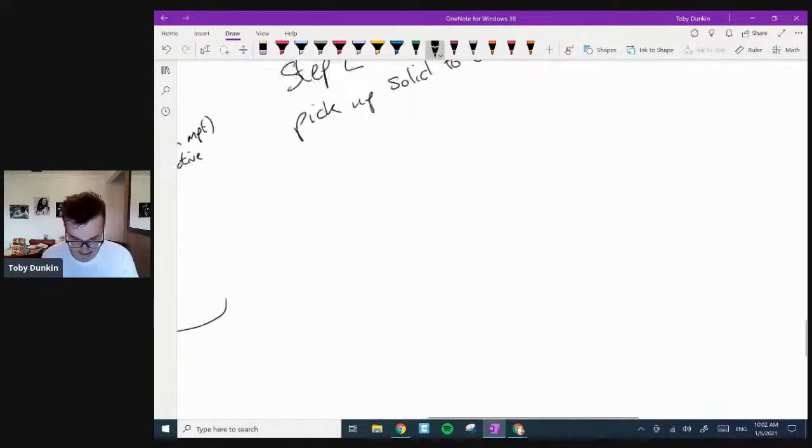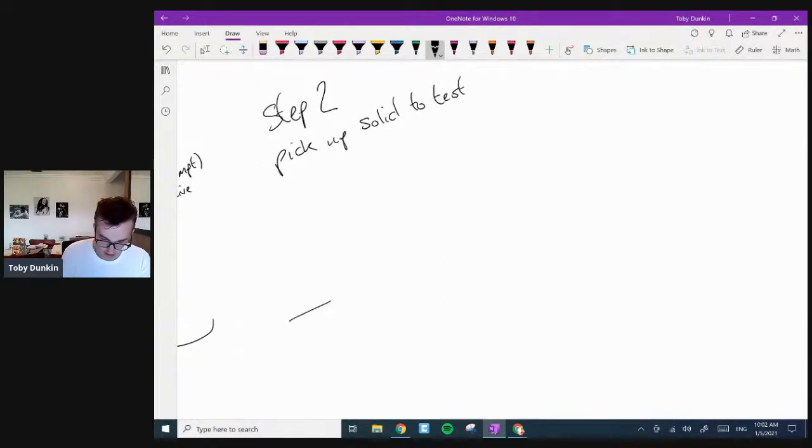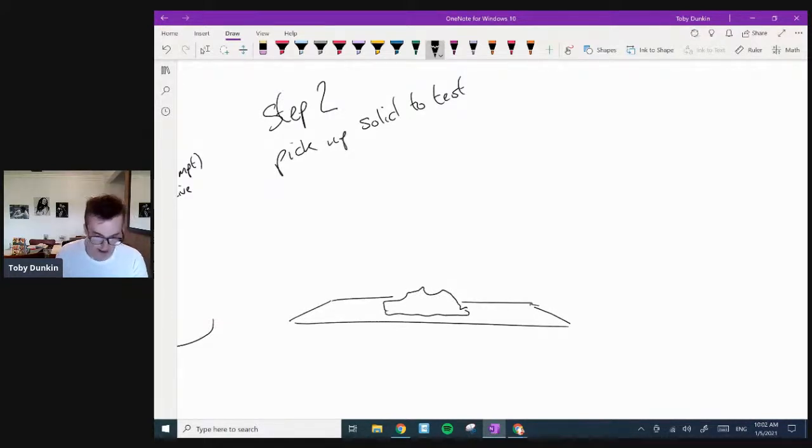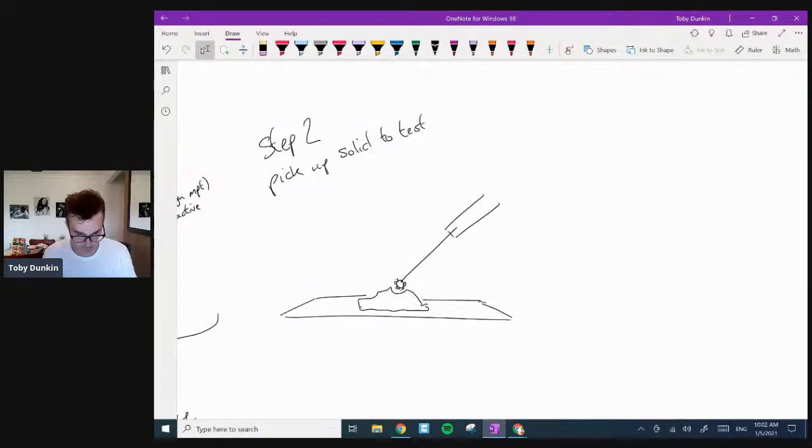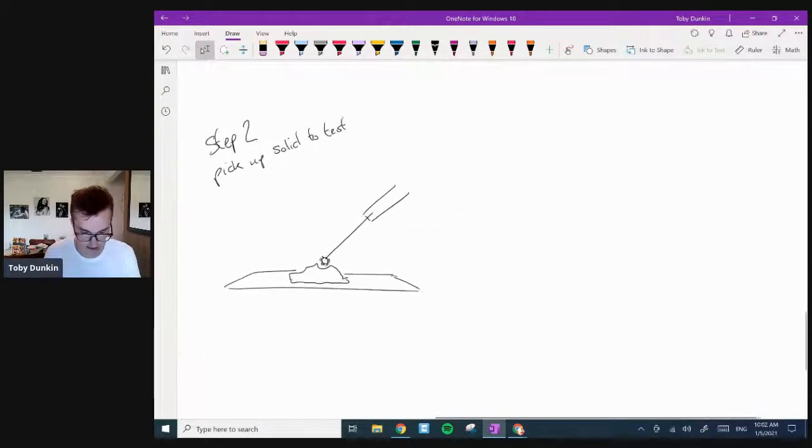This one's really easy, because the solid we've been given is going to stick to the nichrome wire, because the wire is now slightly sticky, because it's covered in HCl. So we're going to pick up a small amount of the solid onto the end of my nichrome wire. Don't need much.